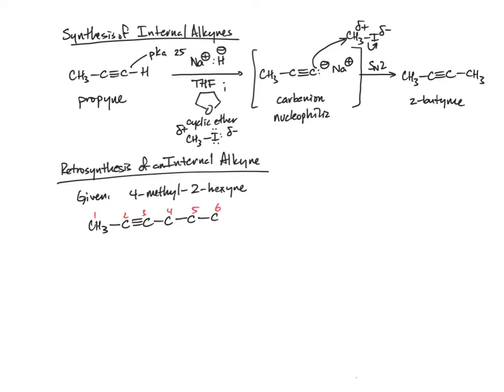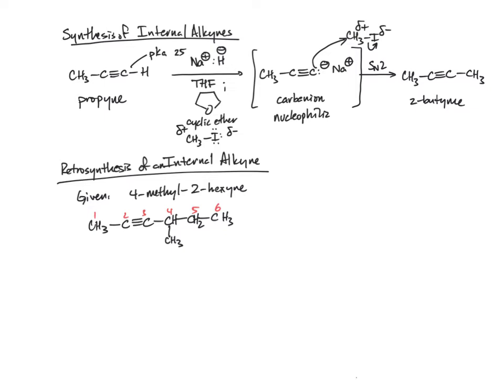We see that carbon 4 has a methyl group, CH3, and then we'll just plug the rest of our hydrogens in here, H2, H3. So we've converted this name to this structure. Now we can look at this internal alkyne and we can devise two methods on how to synthesize that. And so this is called retrosynthesis.